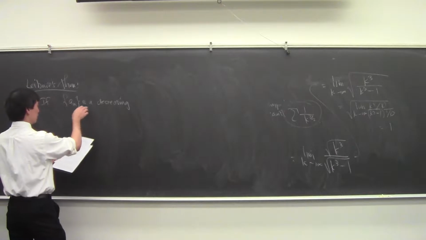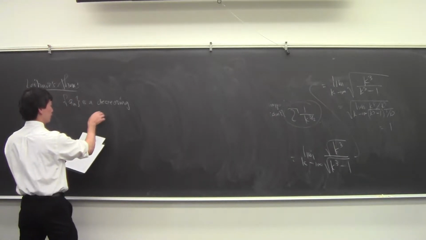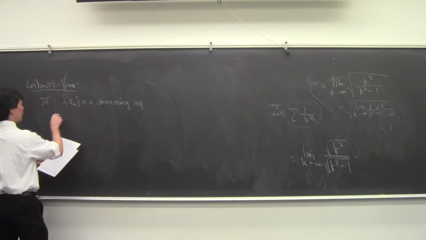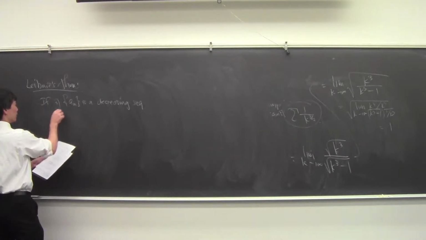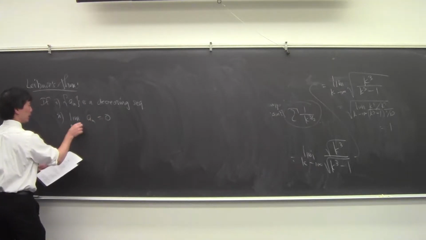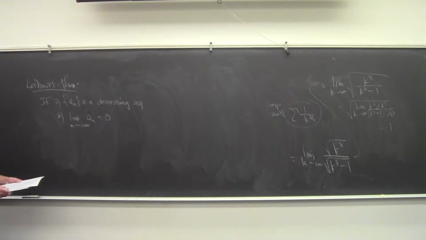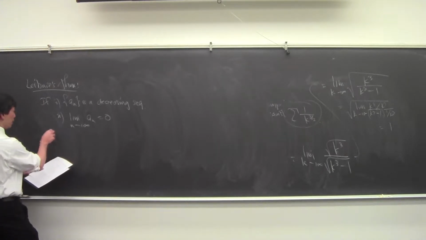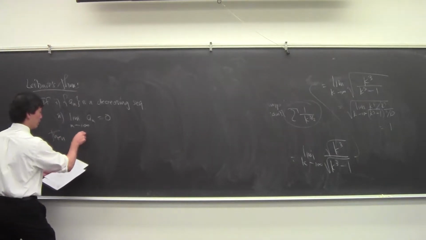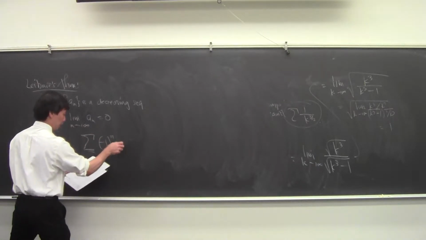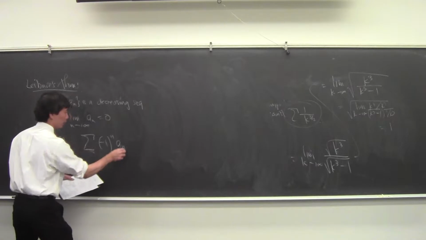So if A is a decreasing sequence and the limit of the a sub n's is 0 as n goes to infinity, then the sum of (-1)^n a sub n converges.